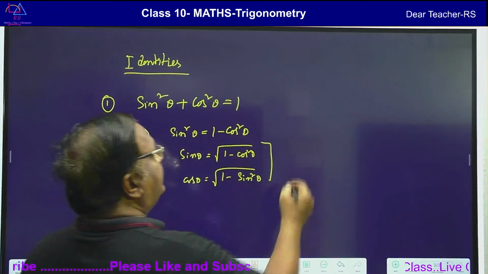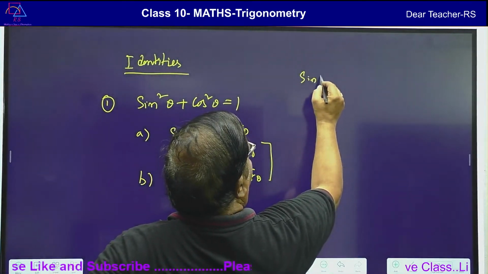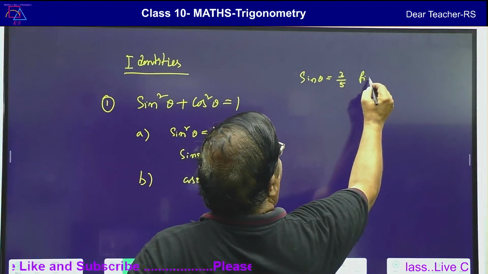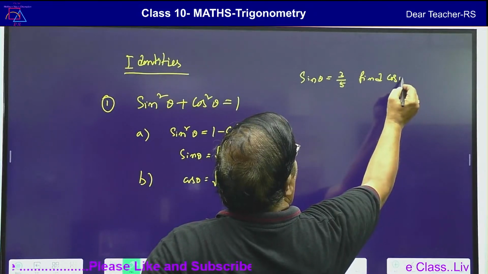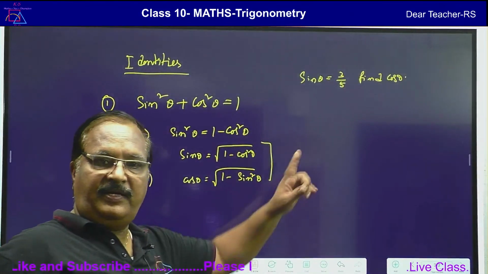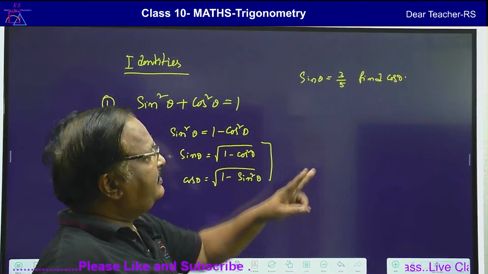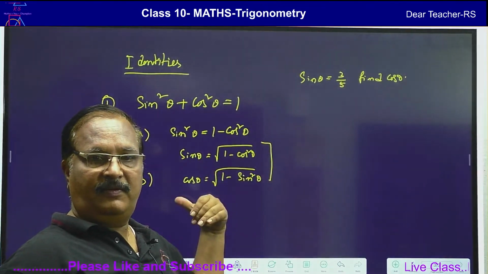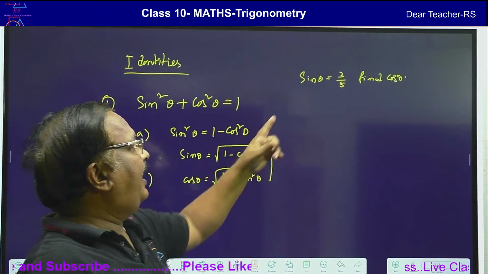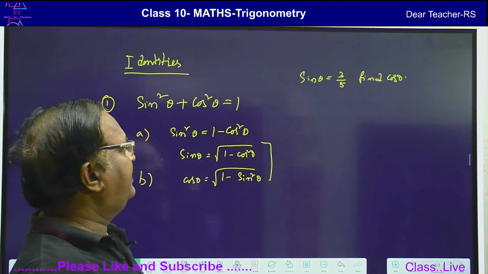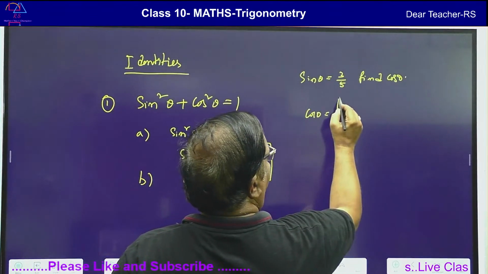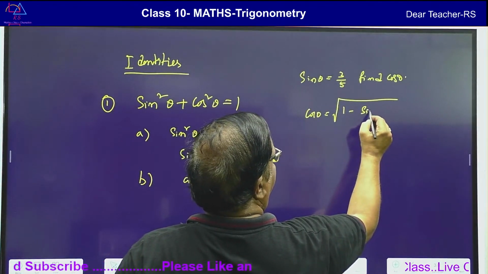So sin theta is equal to, for example, let me write 3 by 5. Find cos theta. So you can find out that in two ways. One is the diagram. You can do it by drawing a diagram, as I have done previously. And you can also use sin and cos. So cos theta is equal to square root of 1 minus sin square theta.